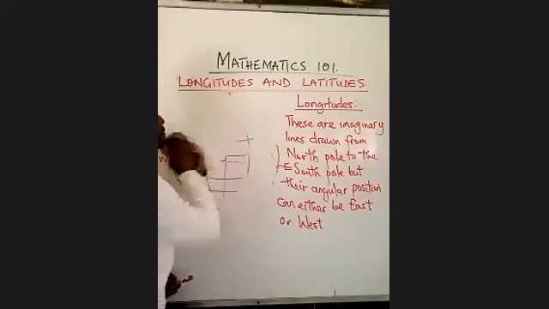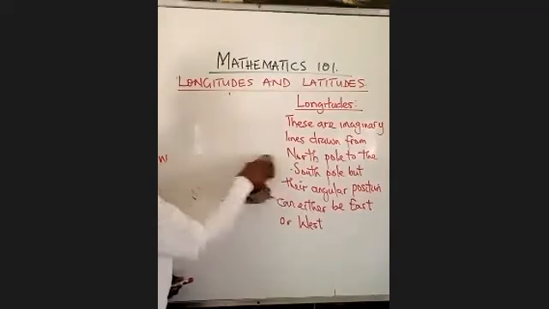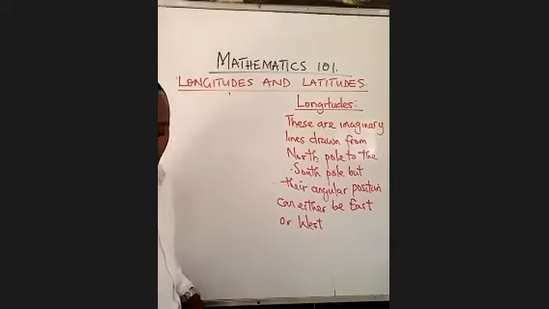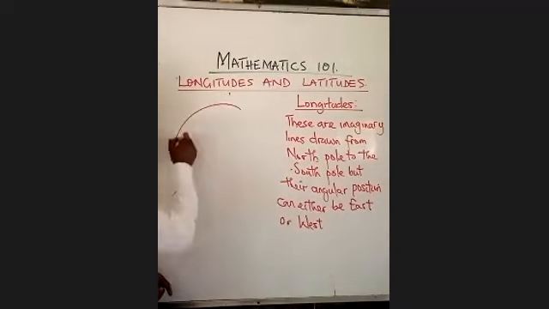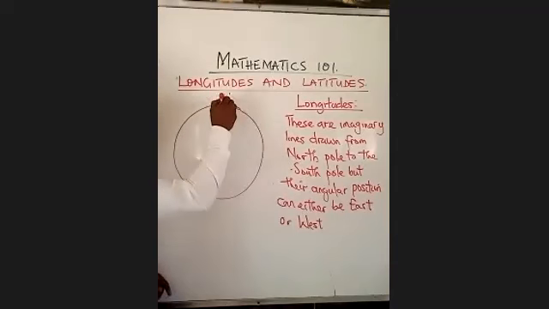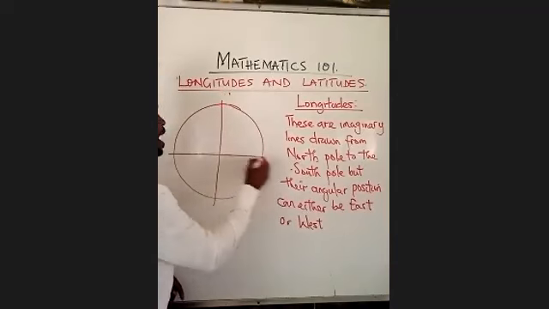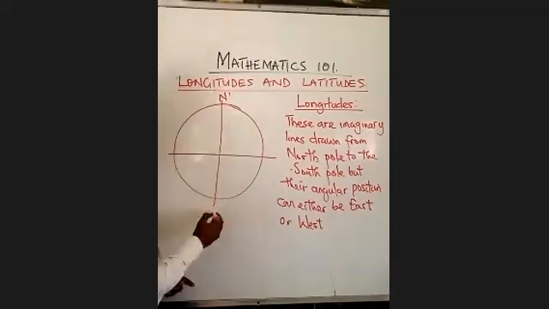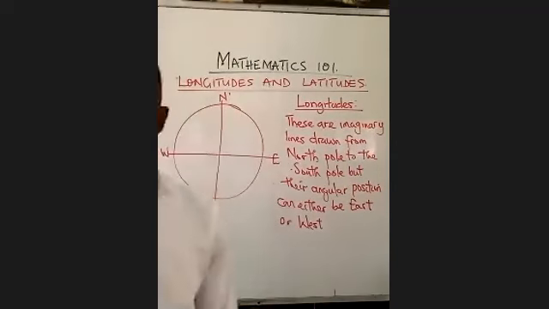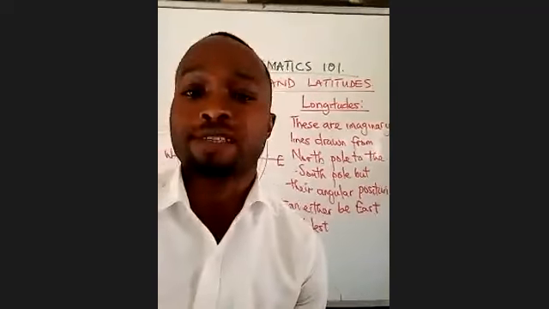Longitudes now. So we have Earth surface, and you have north, south, east, and what? And west. Please ensure that you are using compass. Okay? Ensure you are using what? Using compass.